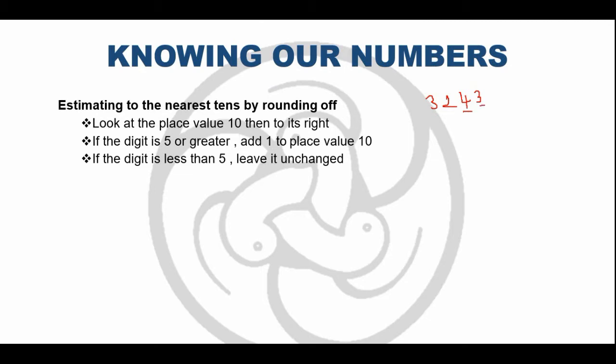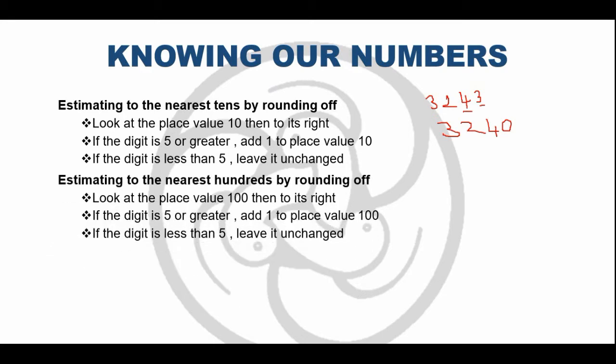If the right side number is 5 or greater than 5, add 1 to the place value of the 10th position. Otherwise, write the number as it is. Here the right side number is less than 5, so you write the number as it is. The answer is 3,240. So the nearest ten for 3,243 is 3,240.